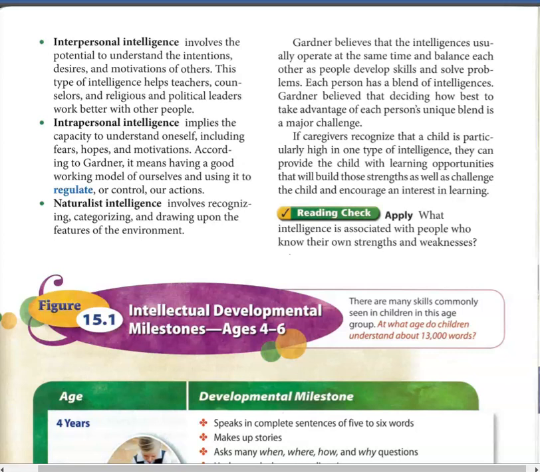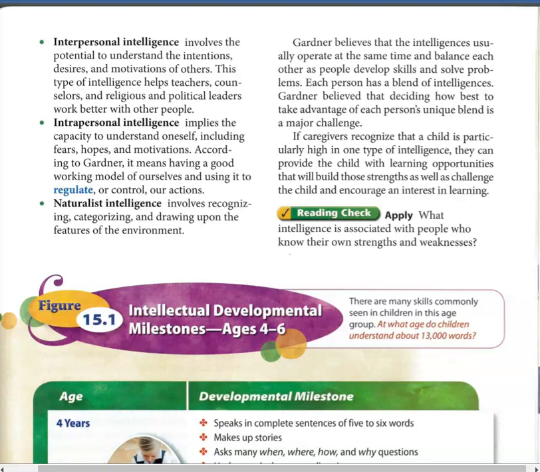The next one would be interpersonal intelligence. This involves the potential to understand the intentions and motivations of others. So being able to understand what other people want and being able to provide that. These are people like teachers and counselors, religious and political leaders. If they have a high interpersonal intelligence, they can work well with other people.